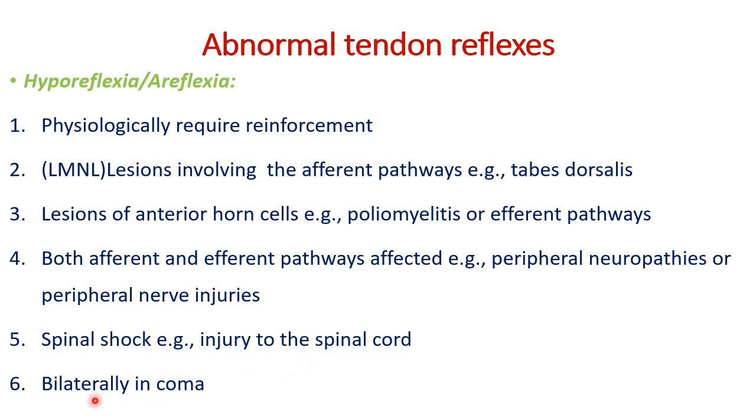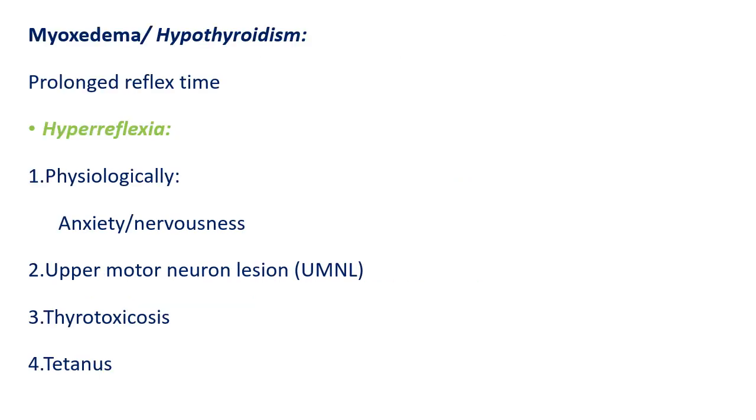Then the reflexes can be bilaterally lost in coma. So in any coma in which the sensorium is lost or depressed, due to any reason, whenever coma is there, the reflexes are lost.